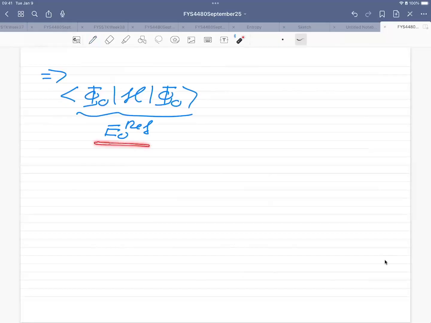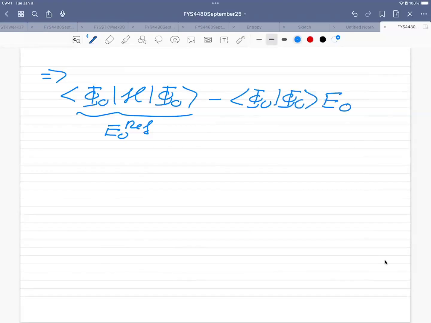So this is something we assume we have calculated, and it's the vacuum or the new reference state energy. But then we have the next term, which obviously contains phi 0 times the exact energy, E0. So this is the exact energy which we are looking for.